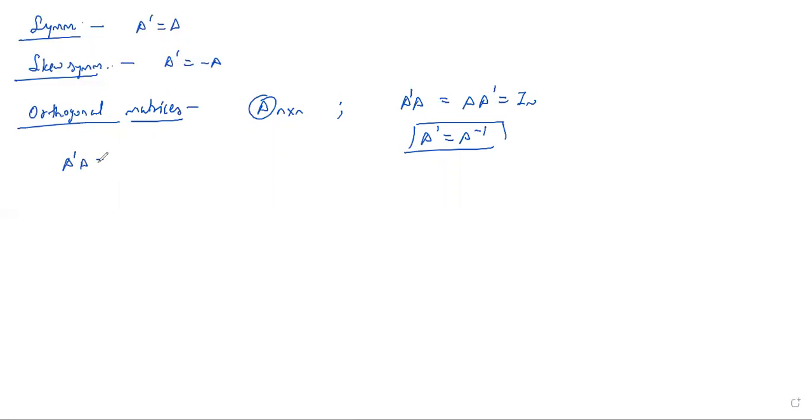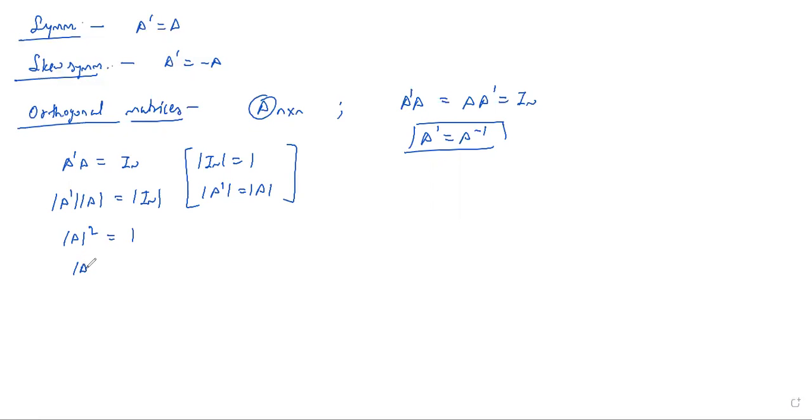You can see it like this: A transpose A equals identity, and if we take the determinant on both sides, we get determinant of A transpose times determinant of A equals determinant of identity. We know that determinant of identity is 1 and determinant of A transpose equals determinant of A. So we can write it as determinant of A squared equals 1, and from this determinant of A equals plus or minus 1.